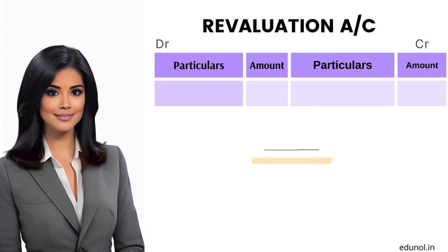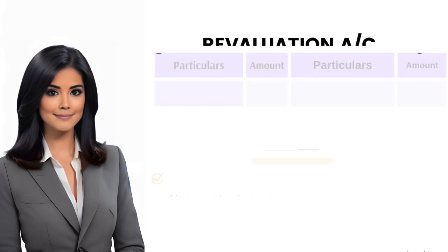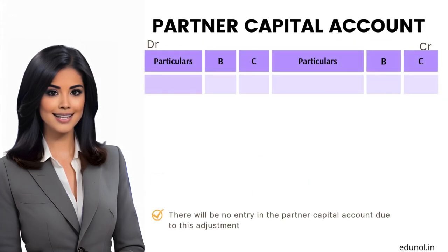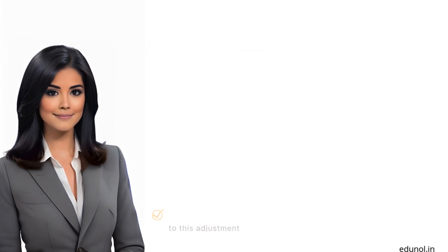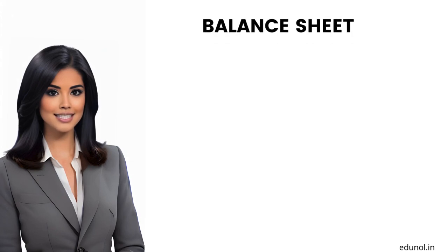The assets of the firm are increasing as well as decreasing by the same value of 5,000 rupees. There will be no impact in the revaluation account due to this adjustment. There will be no entry in partner capital account due to this adjustment, as we have not passed any entry in partner capital account.